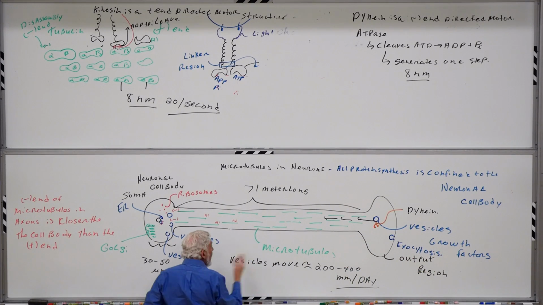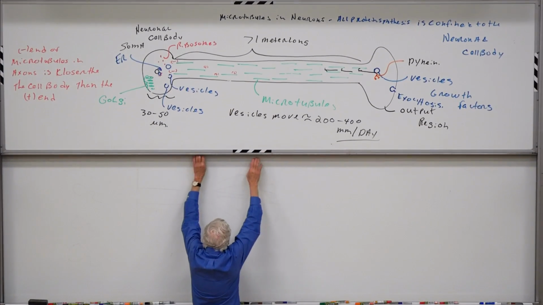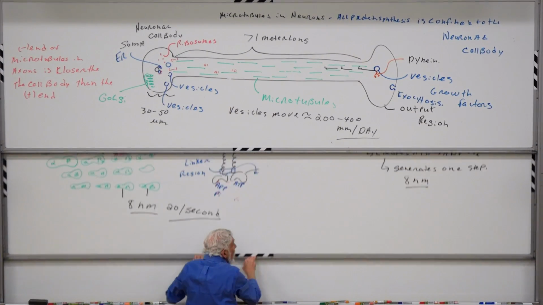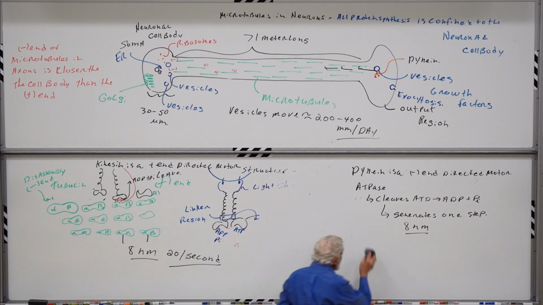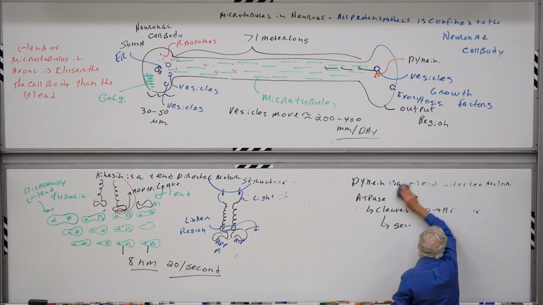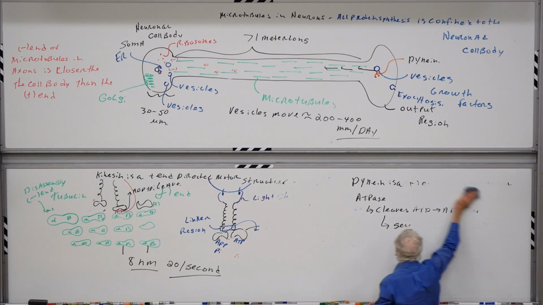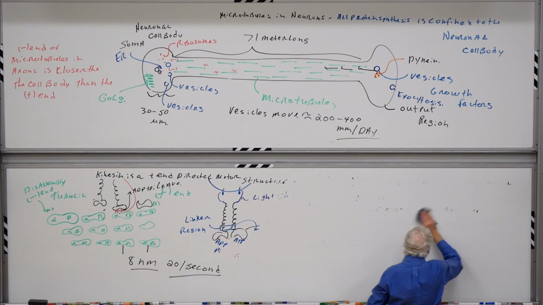So it appears that much of this transport occurs in two phases. The first long distance phase is to use kinesin on microtubules, but there appears to be a local delivery system, and that local delivery system is one based on actin filaments.